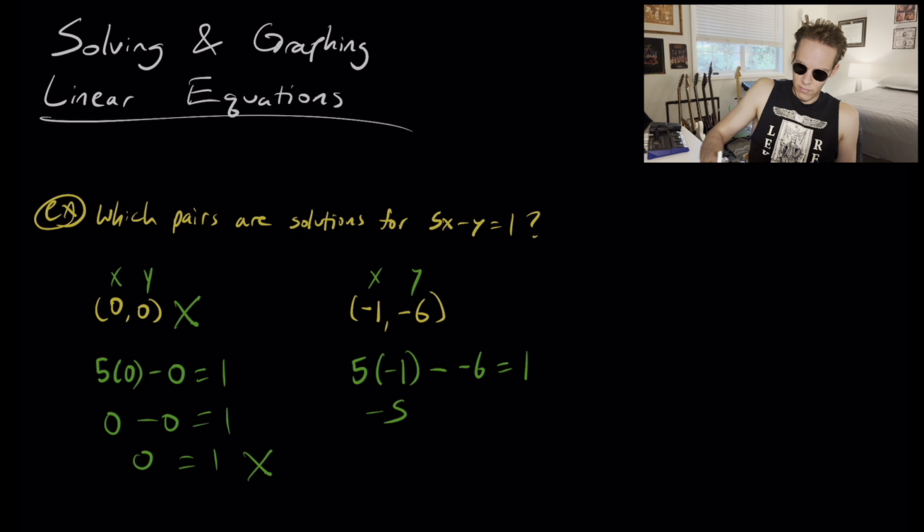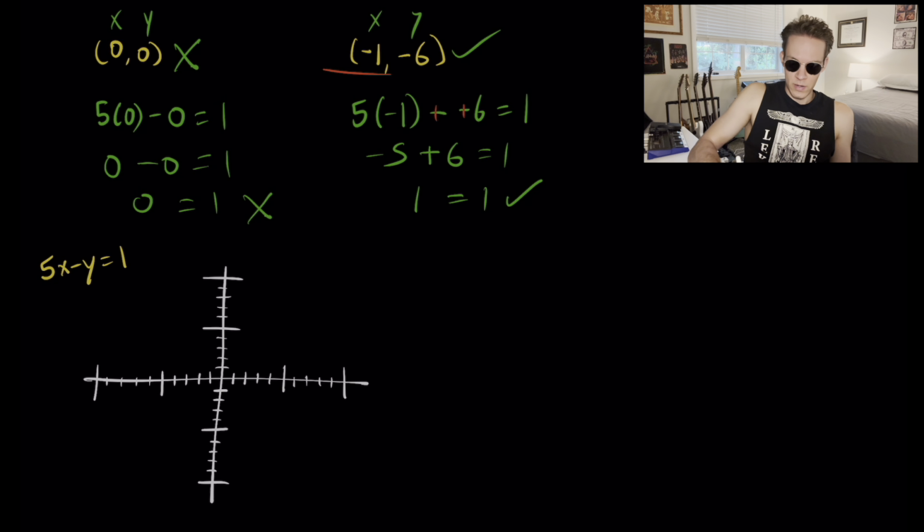And whenever I have a minus, subtracting a negative, that's just like saying adding a positive. So negative 5 plus 6 equals 1. Negative 5 plus 6 here on the left side comes out to be 1, which equals 1. So both sides of the equation are equal to each other, and this is a solution. All right, so negative 1, negative 6, that one is a solution.